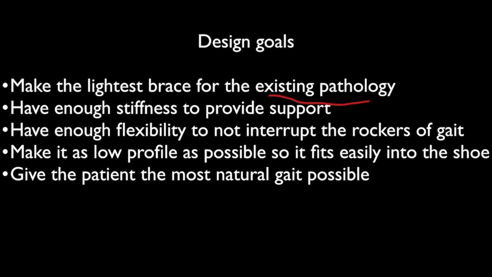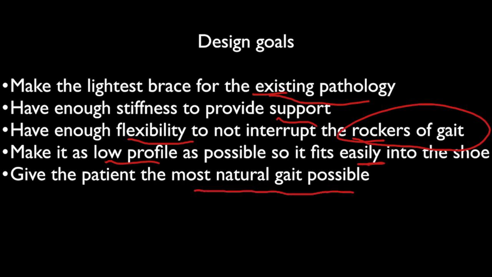The designs are usually different than what we can do in plastic, but we want to support the existing pathology we're trying to correct. We want to make it stiff enough to provide support. We want to make it flexible enough so that it doesn't interrupt the rockers of gait. And we want to make it low profile enough so it fits easily into the shoe. And we want to give the patient the most natural gait we can.